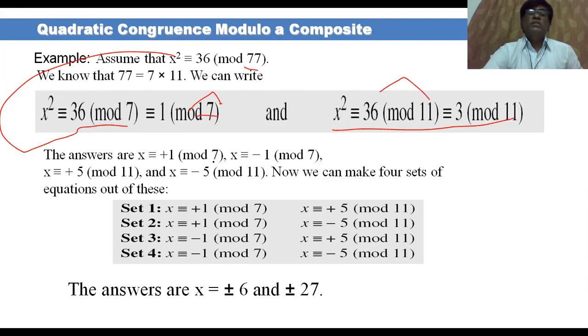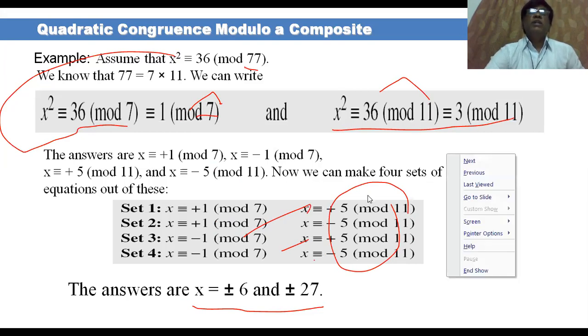By using these two, we have different combinations, and these combinations are solved with the CRT theorem. Then x is equal to plus or minus 6 or plus or minus 27.